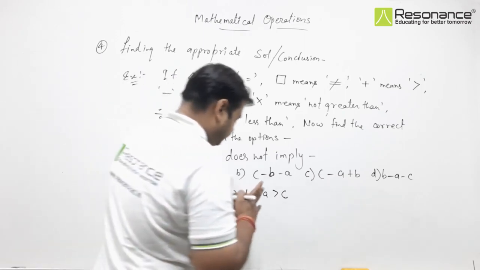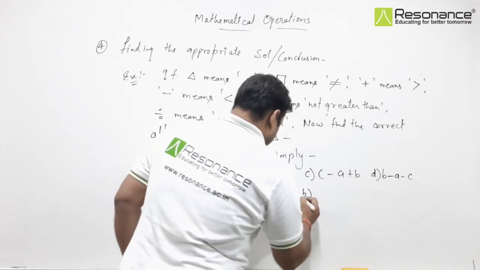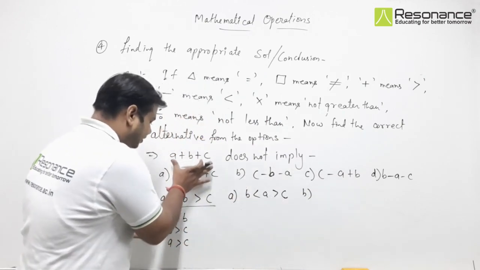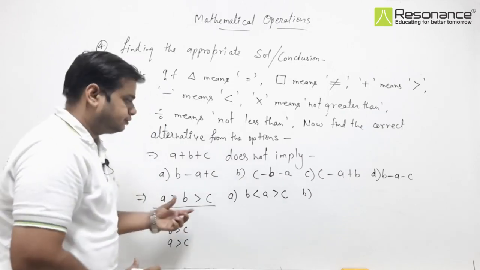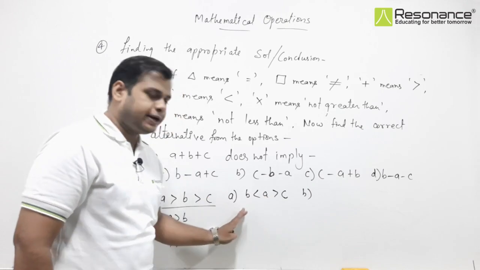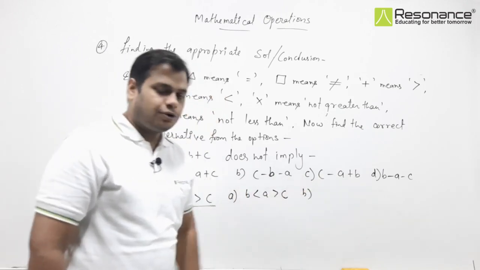Let us see option B, because this is the possible correct answer which is related with this equation. So, we will put it beside, and let's see the other options.